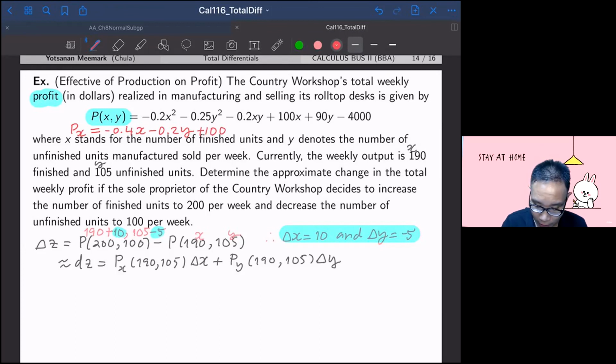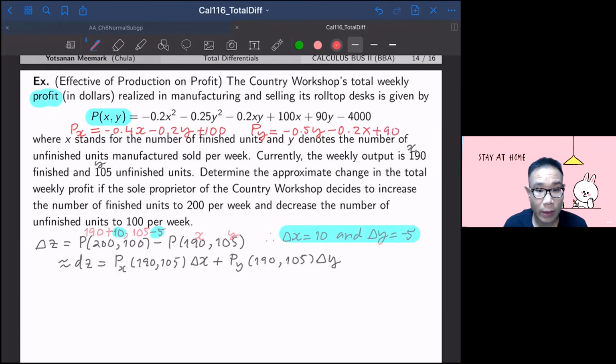And Py turns out to be negative 0.5 y, and you have negative 0.2 x, plus 90.